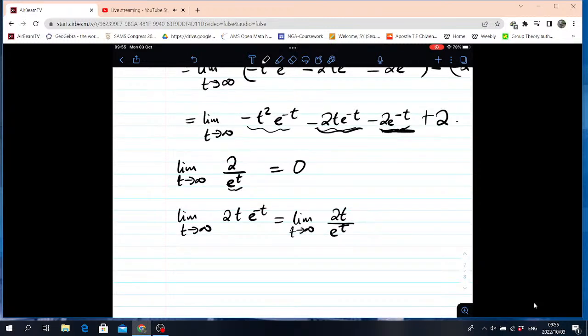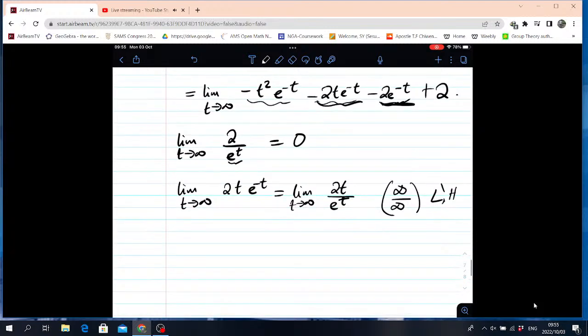And if we look at that, the numerator goes to infinity, the denominator goes to infinity, so we've got an infinity over infinity case. So we can apply L'Hopital. I'll just write it in shorthand there, right? Because it's in that form. And then we say the limit as t tends to infinity, and then we differentiate the top part, we get 2.